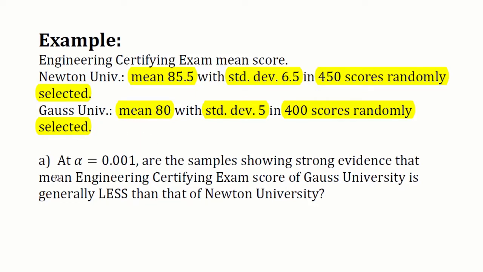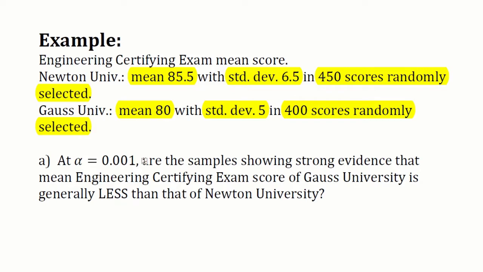And so here the question is asking, according to the wording, at significance level alpha equals 0.001, are these two samples, for which we have already sketched down the given information as well as some calculations, showing strong evidence that the mean engineering certifying exam score of Gauss University is generally less than that of Newton University?